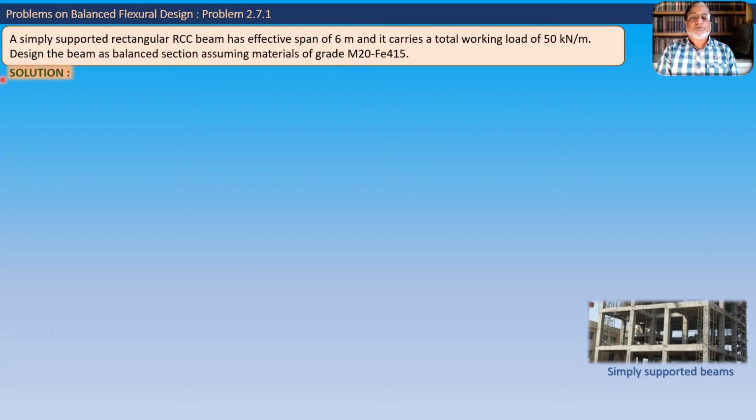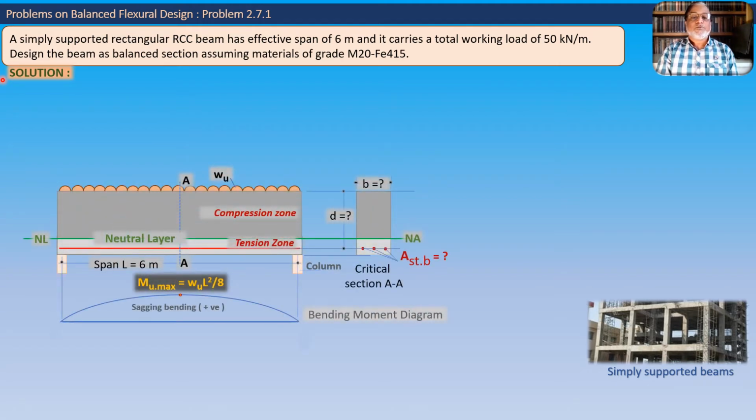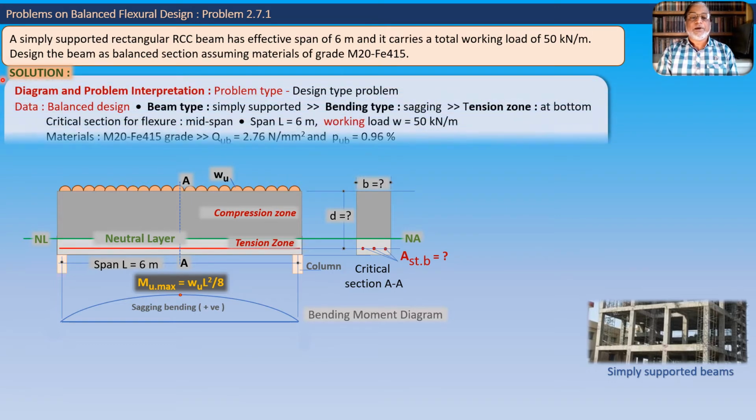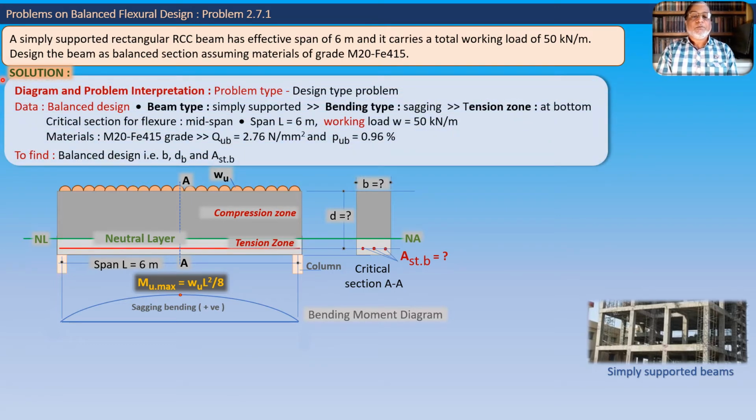Solution. Let us first draw the diagram from the statement of the problem, and then we will interpret the statement of the problem by reading it again step by step. When we read the statement, the important point we come across is that we are asked to design the beam as a balanced section.